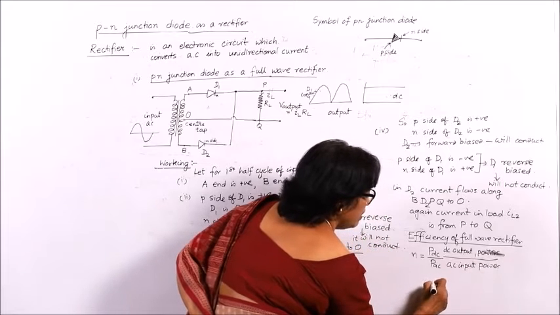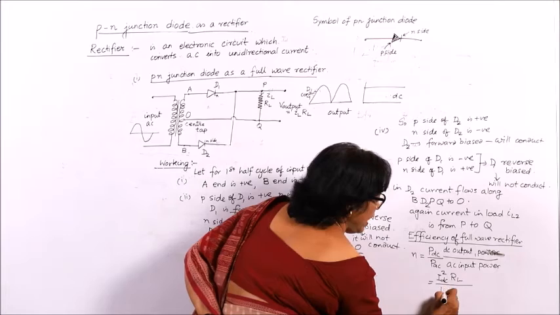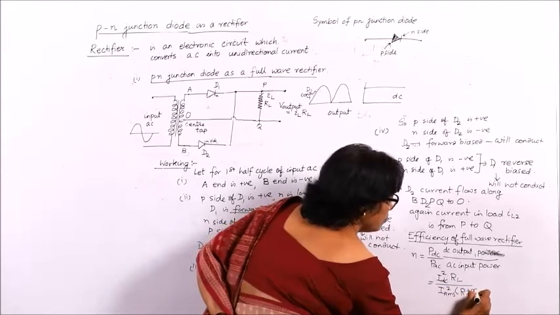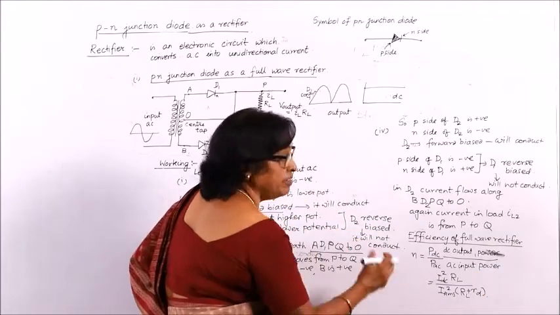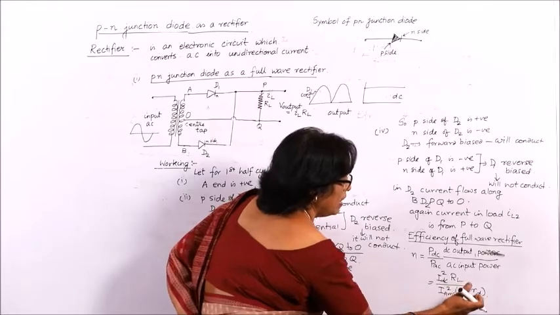The same formula, I DC square RL by I RMS square into RL plus RD. Refer to the half wave rectifier; it is the same I DC, same I RMS, RL and RD.